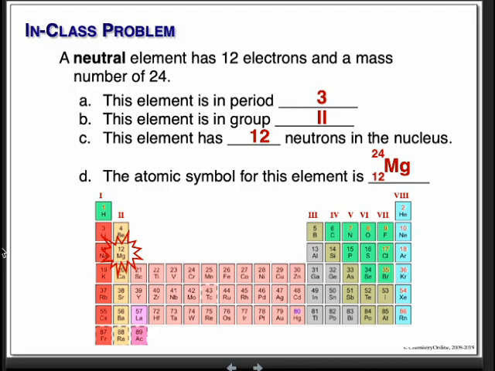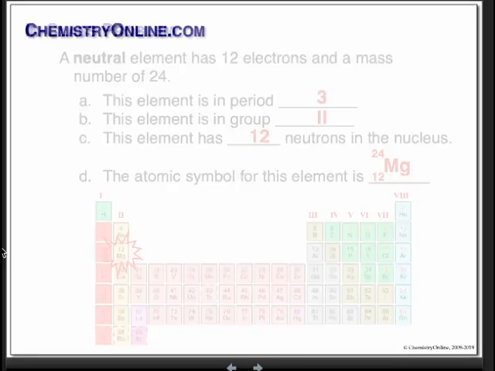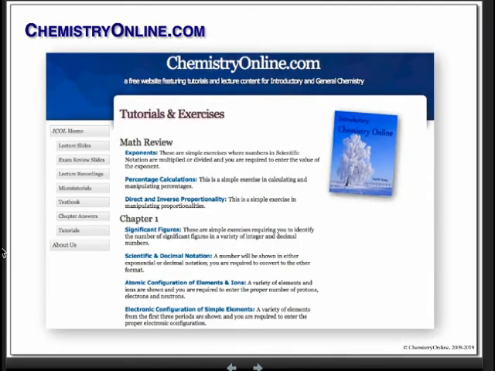Now, everybody wants to practice this, right? Of course you do. Go to chemistryonline.com. The one we're talking about here is atomic configuration of elements and ions. This guy.